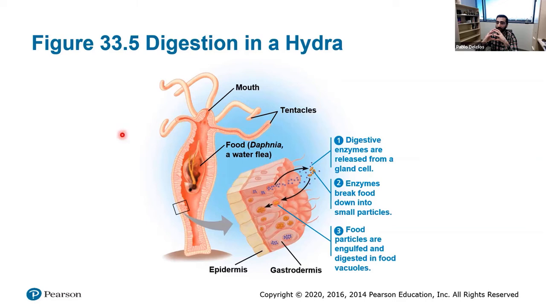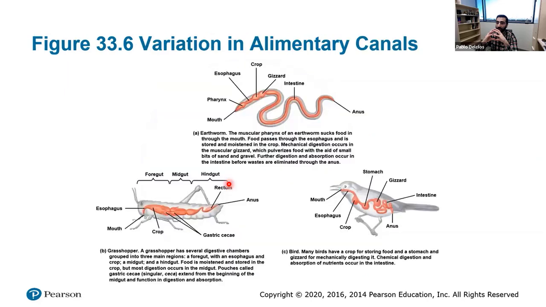And these animals with simple body plans have what's called a gastrovascular cavity. It's basically just everything for it. It's both the gastric, digestive tract, as well as the vascular system that the animal has. And it functions in both digestion as well as the distribution of nutrients.